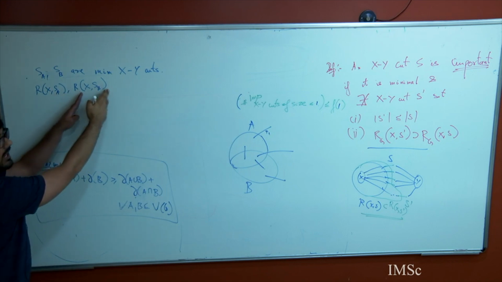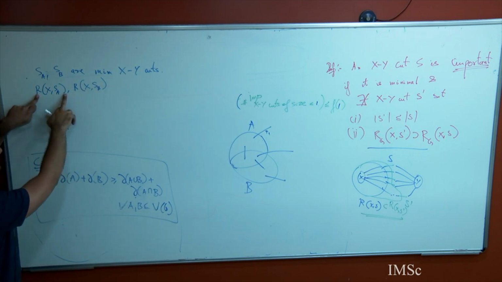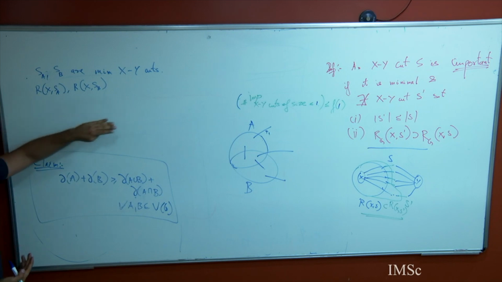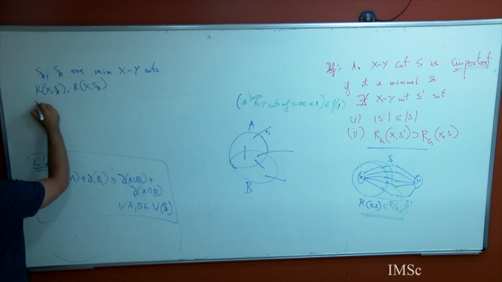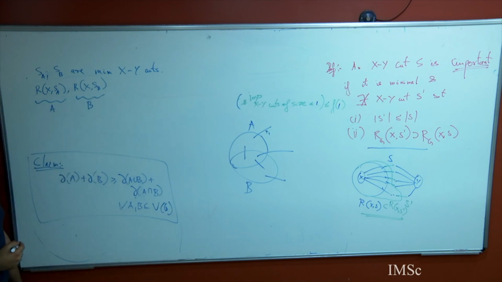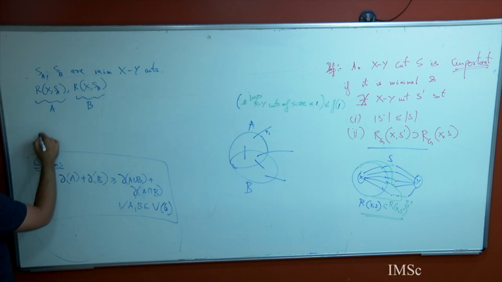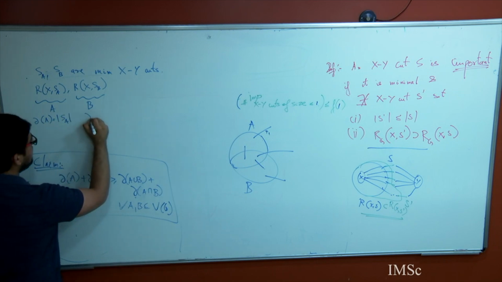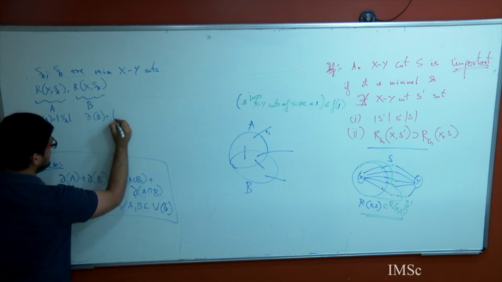These are both vertex sets. This one is defined as the set of vertices you can reach from X after you remove S sub A. So these are both vertex sets by definition. This I'm going to define as my A, this I'm going to define as my B, and notice that dou of A is precisely the size of the set SA and dou of B is precisely the size of SB.